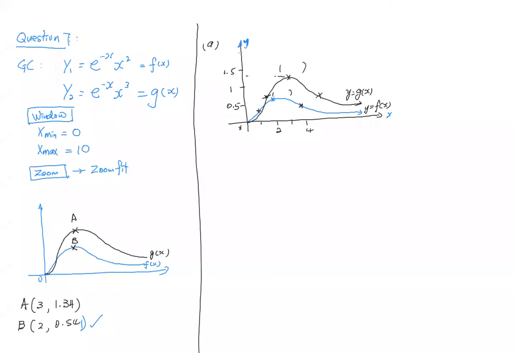For part B, when you want to find the inflection point using GC, you have to do these few things first. So this is not part of the answer. I'm teaching you how to find it.